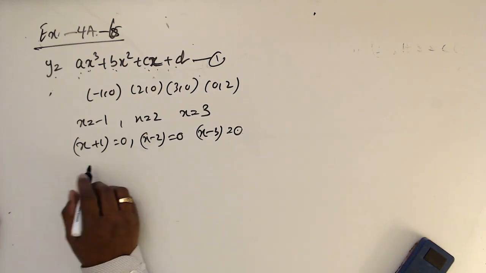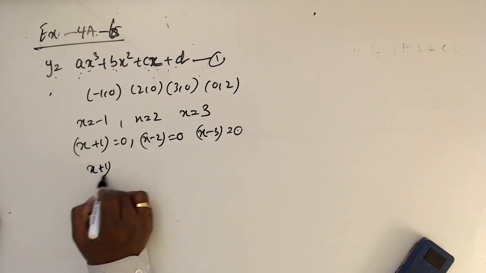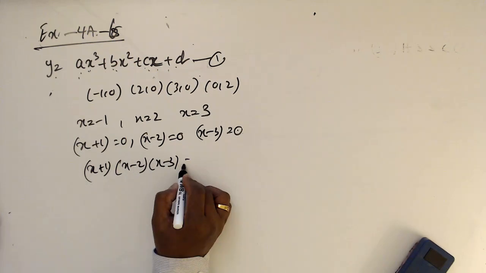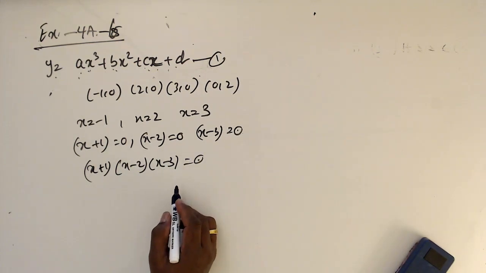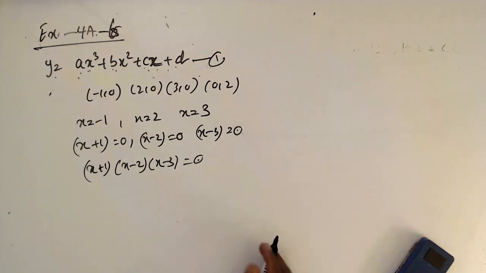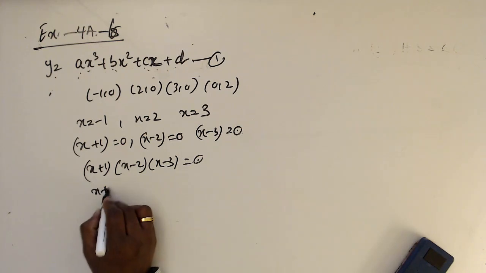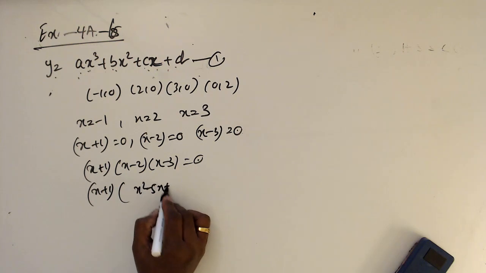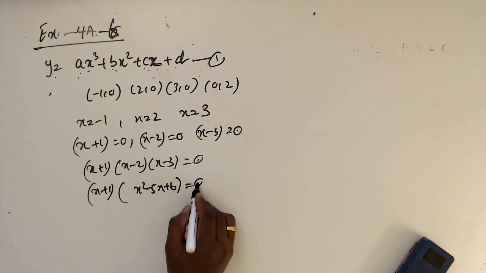Now multiply these: x plus 1 times x minus 2 times x minus 3 equals 0. Then you get x plus 1 times x square minus 5x plus 6 equals 0.